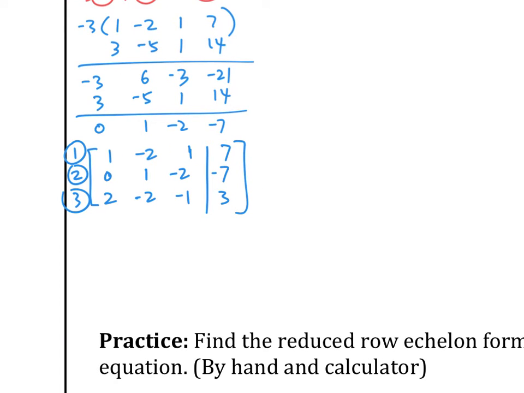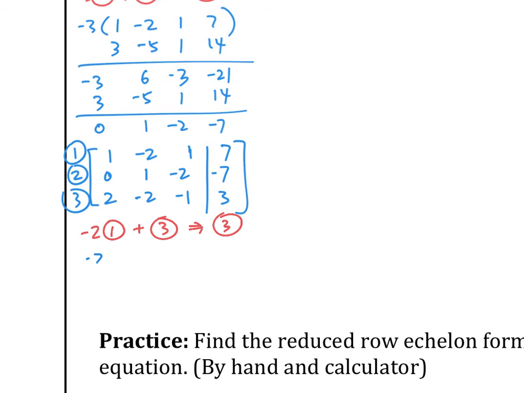So now what I'm going to do is the same thing, except this time I'm going to get rid of the 2 from the third row, and I'm going to do that the same way. Multiply row 1 by -2, add to this row, and then replace this row. So I'm going to write that: -2 times row 1 plus row 3, and then replace row 3.